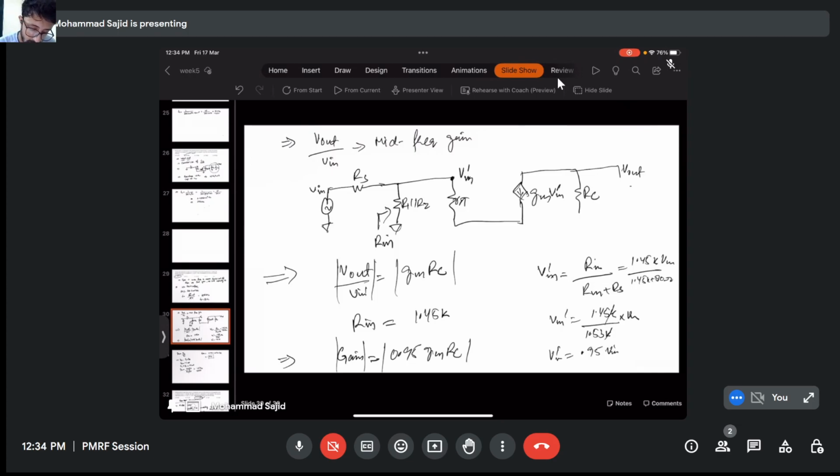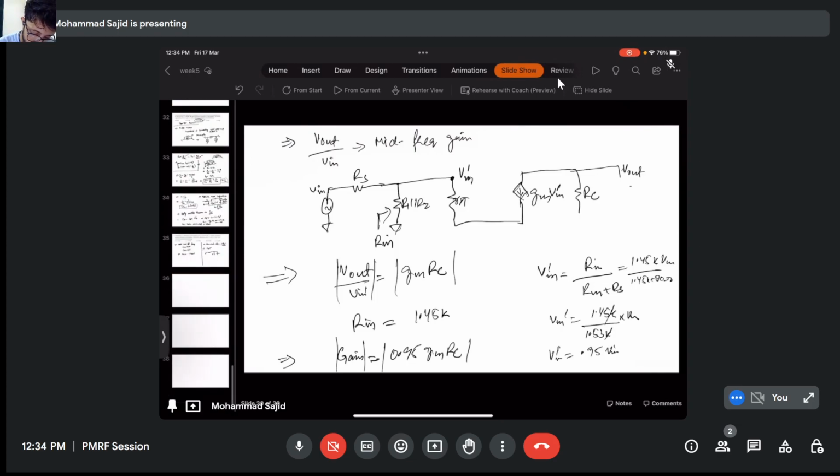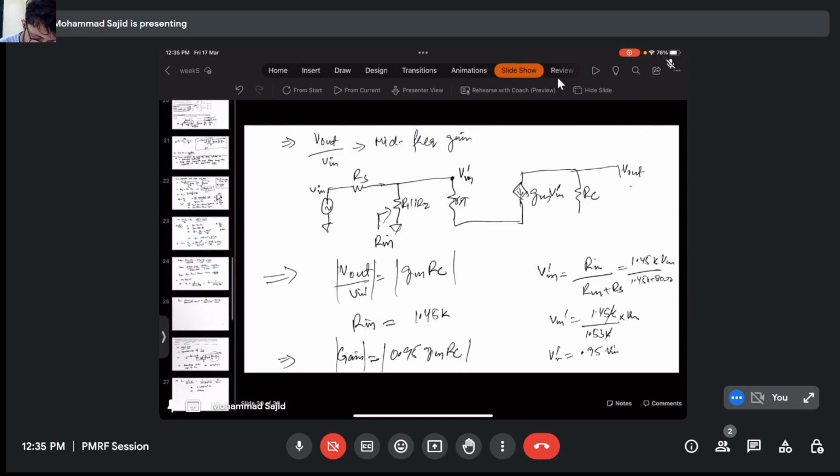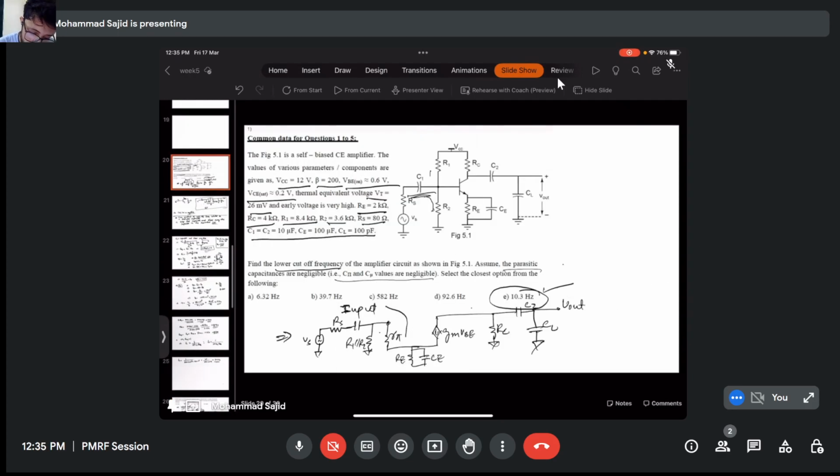And now here we have another capacitor. So C1, we have another capacitor now here, C input. So this will be in parallel.